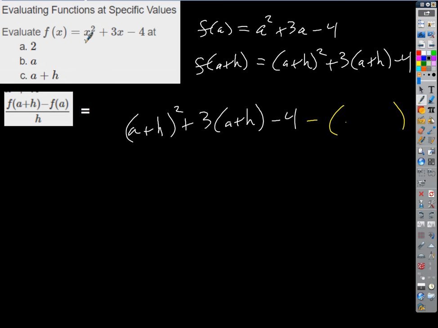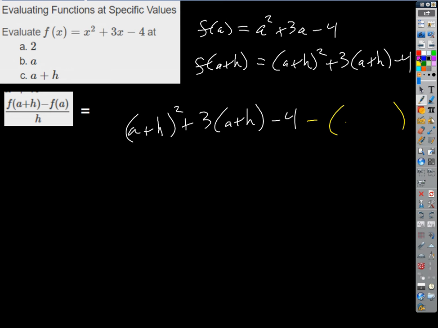If we're given this function, f of x equals x squared plus 3x minus 4, what if I asked you to evaluate the expression f of a plus h minus f of a, over h? That's kind of a weird thing you might think to do, but that's what we do a lot in calculus. So what would we get?